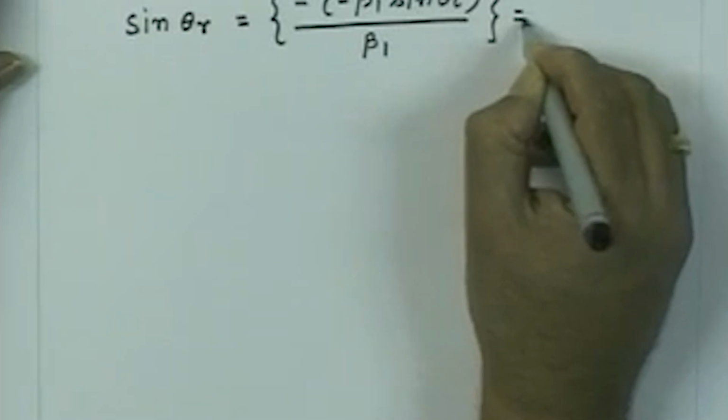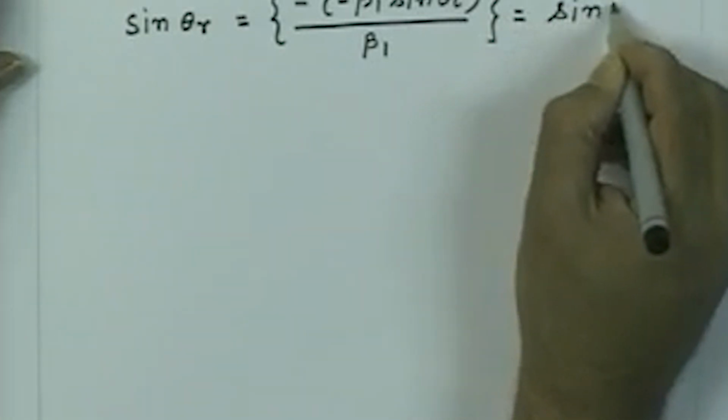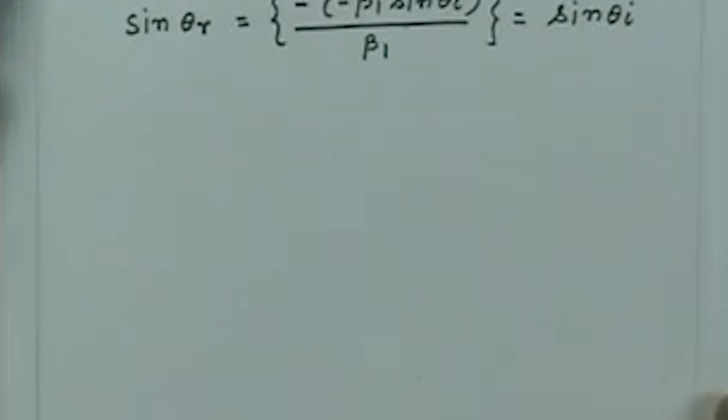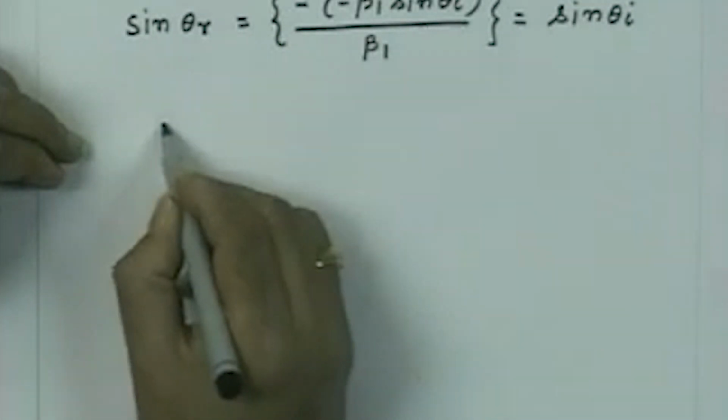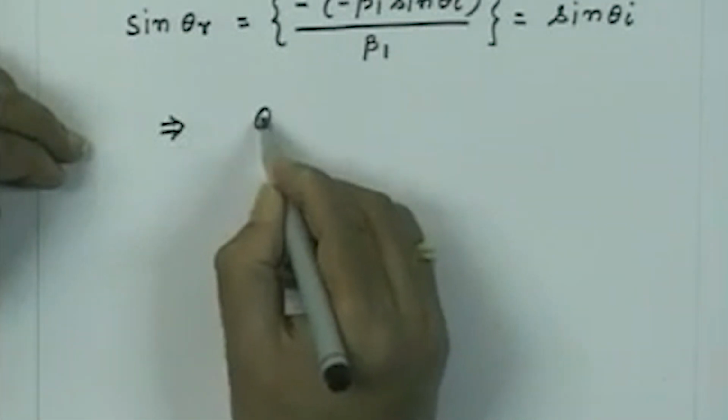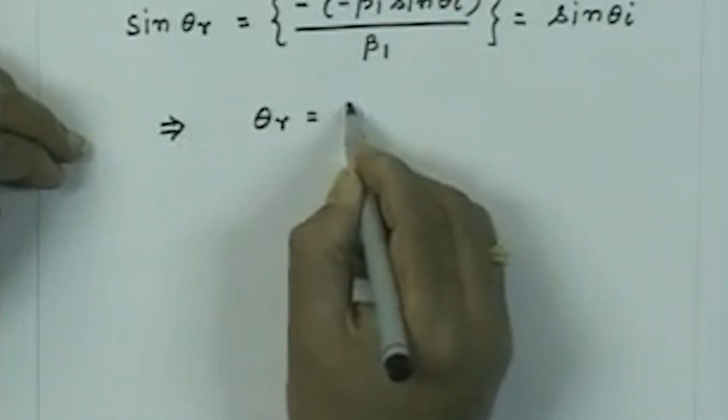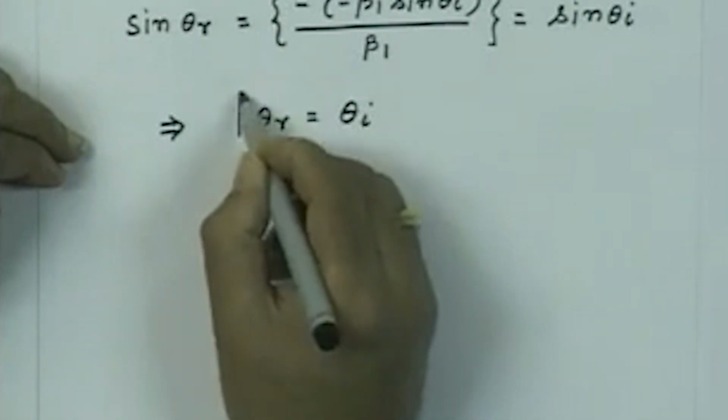So this is equal to sine of theta I. So this implies your theta r is equal to theta I.